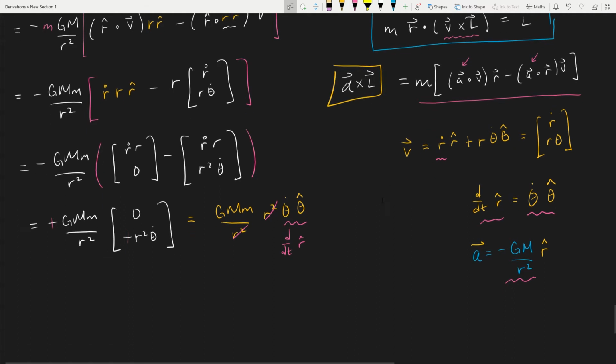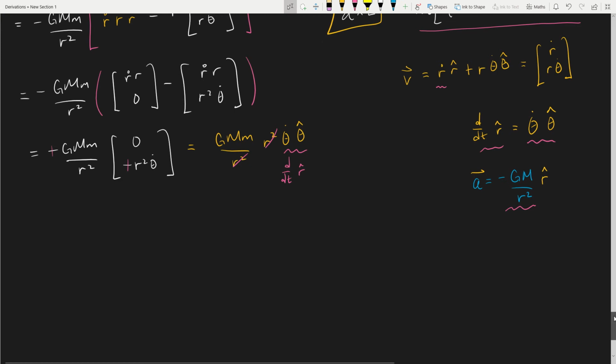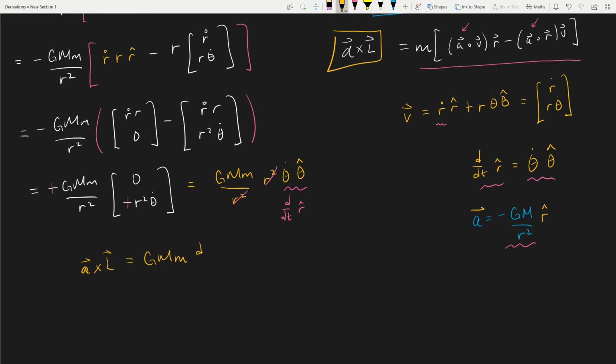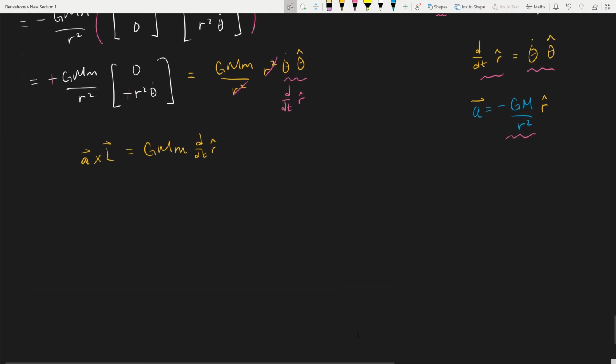All right, so we've deduced, let's see if I can fit that on the screen here, that A cross L is equal to GMm times d by dt of R hat. Well, a couple of things we can do here.